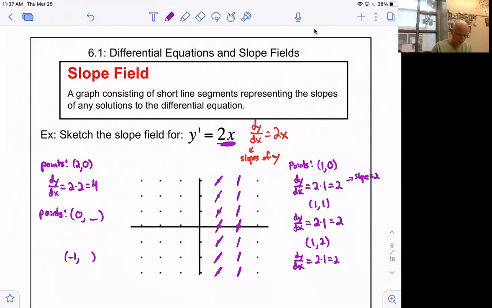Okay, well, when the x-coordinate is 0, that would make a bunch of slopes where we would have 2 times 0, so the slope is 0. So I should draw in a bunch of slopes of 0 at these points. And at points where the x-coordinate is -1, we have 2 times -1, which is -2.